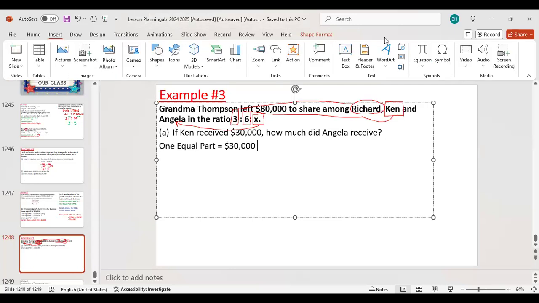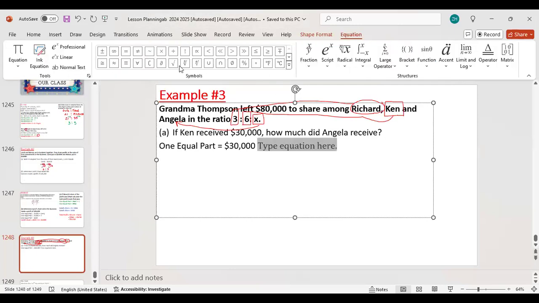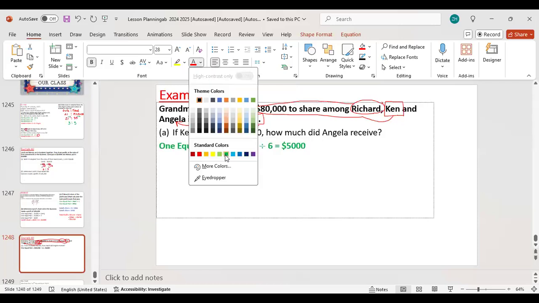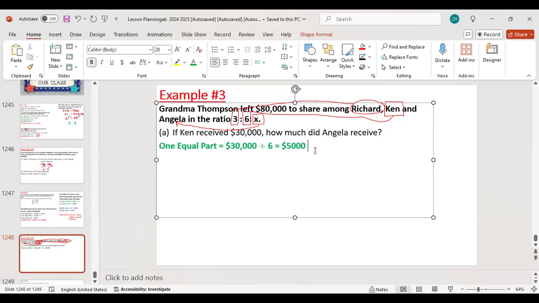What do you all get when you divide it? 5,000. Very good. That is 1 equal part.